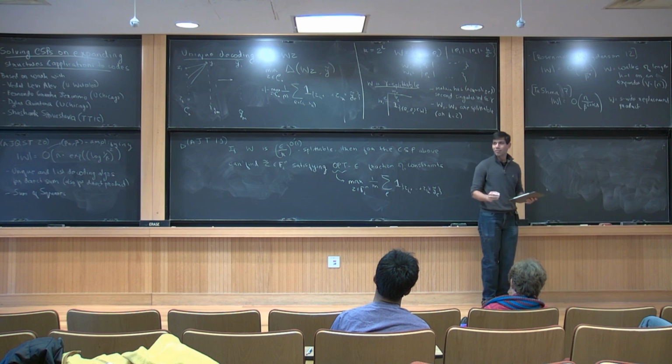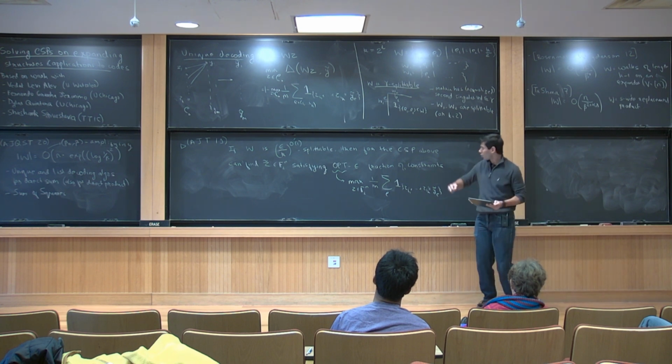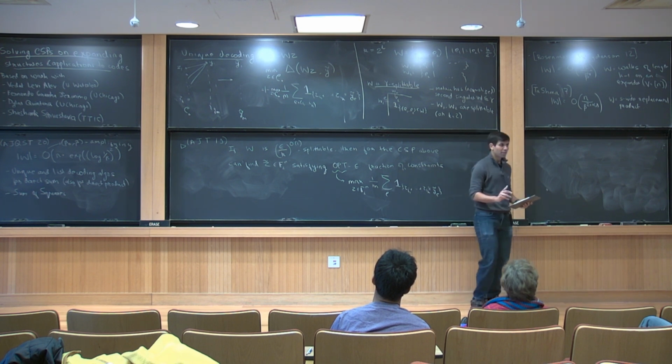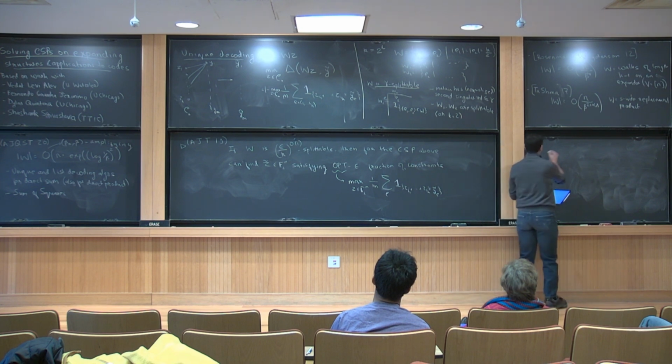Is everyone okay with the fact that walks on a graph give a splittable collection, or do you want me to show the proof? Maybe let me just show it for walks of length 3.